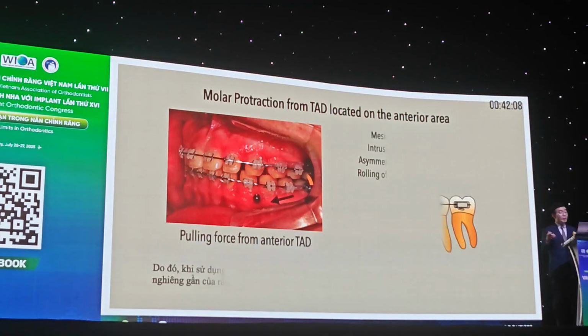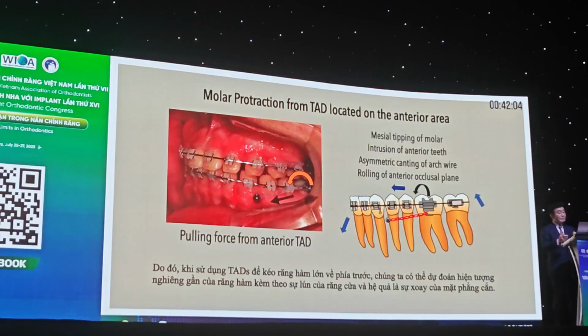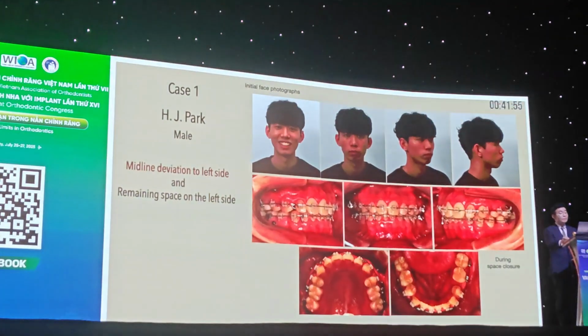Thus, when employing TADs to pull the molar forward, we can anticipate a major tipping of the molars accompanied by intrusion of the incisors and subsequent tilt of the occlusal plane.